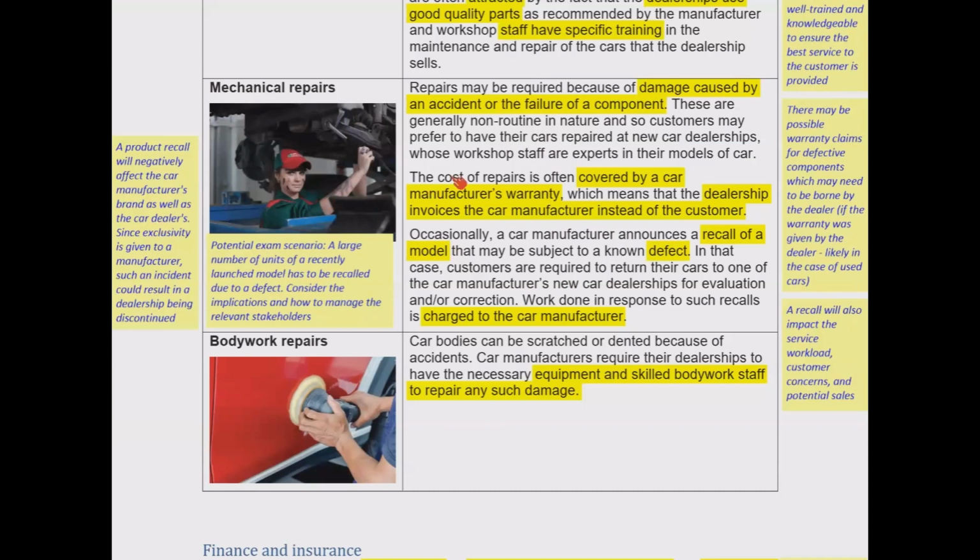But if you're a dealership selling that make of car, unfortunately, that negative impact can also spill over onto your dealership brand, because often a customer doesn't necessarily think, oh yes, this Volvo dealership is a Cuppcar one. They just go, this is a Volvo dealership. So recalls of Volvo cars can have a negative impact on the Volvo dealership. So just an important point about the impact of a product recall.